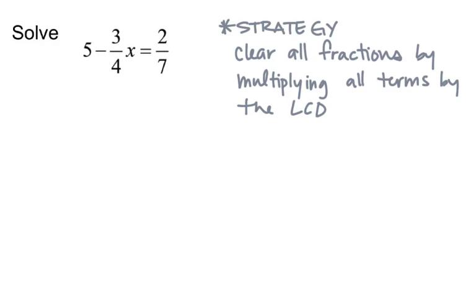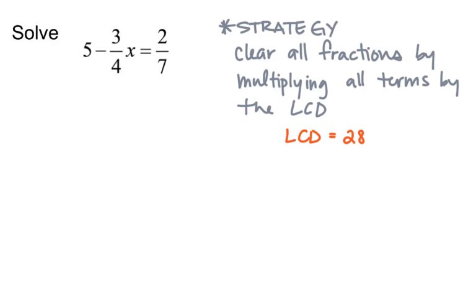In this case, we have 1, 2, 3 terms. Terms are separated by plus and minus signs. We multiply by the LCD, the least common denominator. So I have a denominator of 1, a denominator of 4, and a denominator of 7. In this situation, my least common denominator is 4 times 7, or 28.